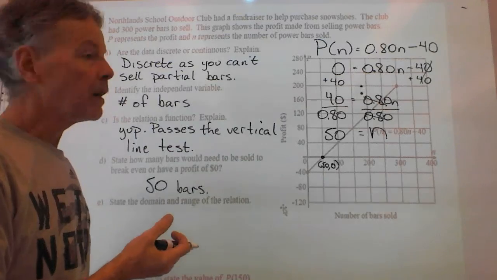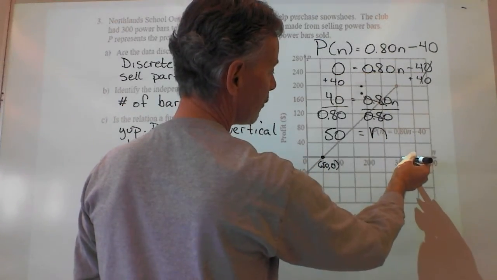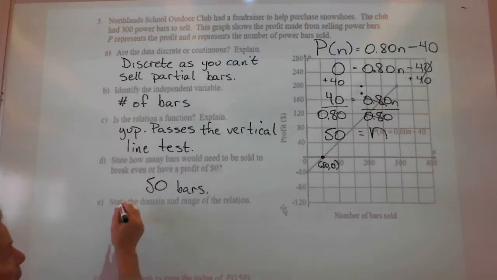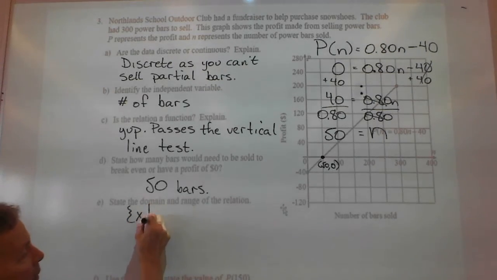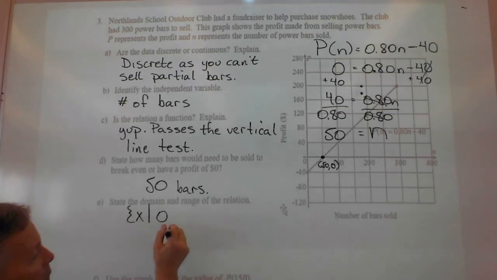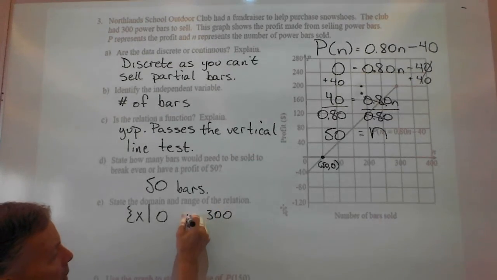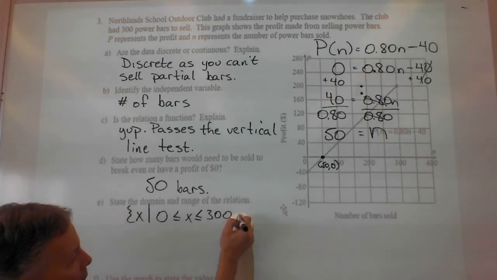That you can't sell less than 0 chocolate bars, to a maximum of 300. It says we have 300 to sell. So our domain is x values such that we have a low of 0 and a high of 300 bars to sell. X is greater than or equal to 0, less than or equal to 300.